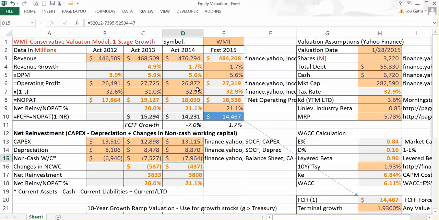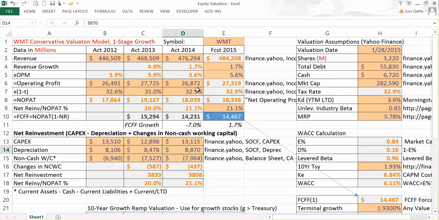And then I have changes in non-cash working capital. Working capital includes receivables, payables, inventories. I calculate that it hasn't changed that much, down 437 million. So that's the last thing. If you're building up inventories, say, that would be another cost or a reinvestment in the firm. So bottom line, they had a net reinvestment of 3.8 billion of profits in 2014, which is about the same as in 2013. And as a percentage of operating profits, that's 20% of operating profits.